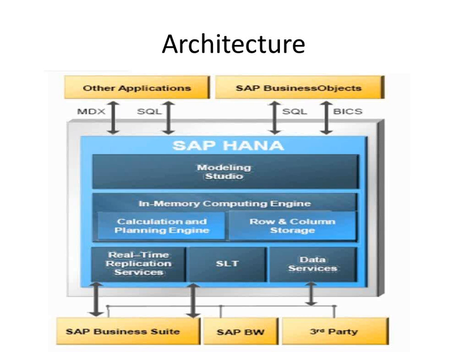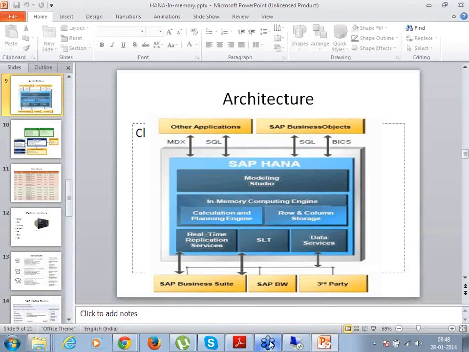But here within SAP HANA, you are not storing anything. You're just defining the condition for how to connect, and they're stored as views in here: attribute view, analytic view, and calculation view. All right, and then you're going to use those views to report on top of the SAP HANA onto the Business Objects or any of the reporting tools that can connect to SAP HANA appliance. All right, so this is how the working happens.